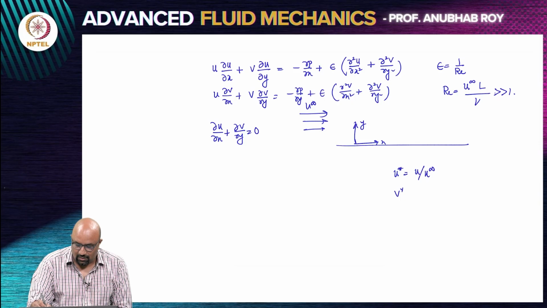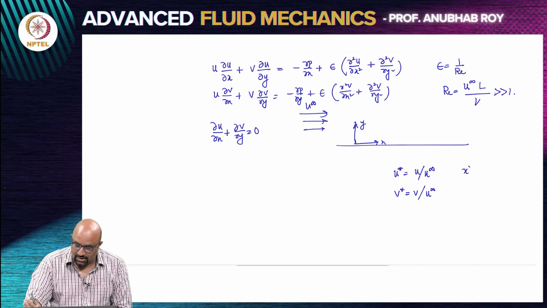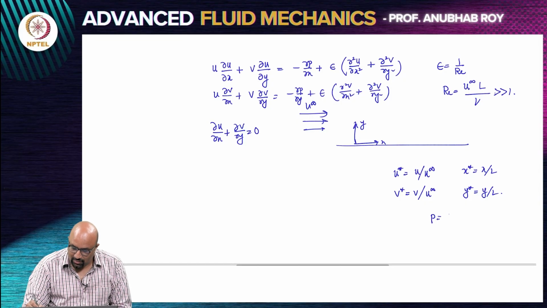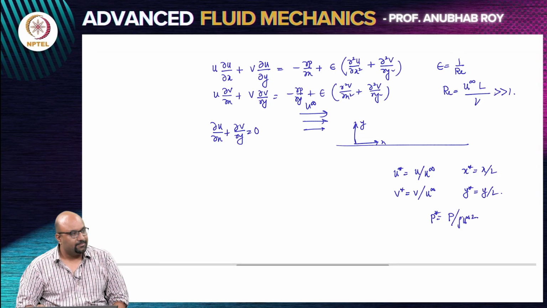The non-dimensional velocity v star is v divided by u infinity. The non-dimensional distance x star is x divided by L. The non-dimensional distance y star is y divided by L. And you have chosen a pressure scaling, P star is P divided by rho u infinity square. This is how we have arrived at this scaling.